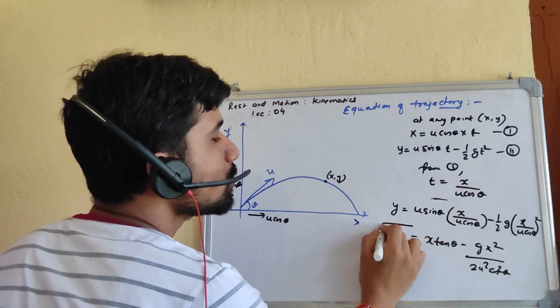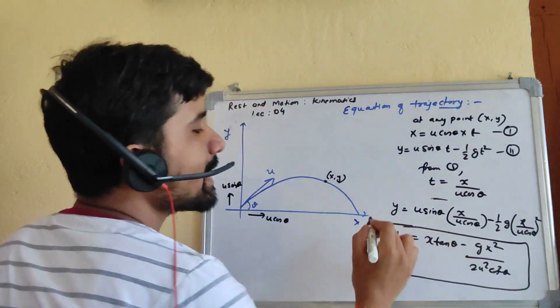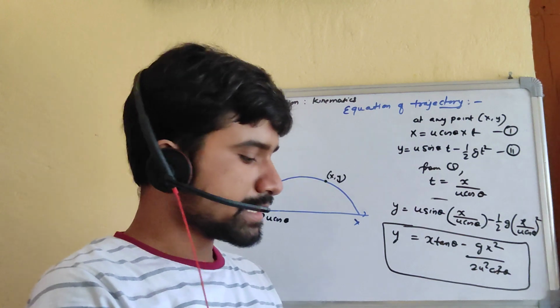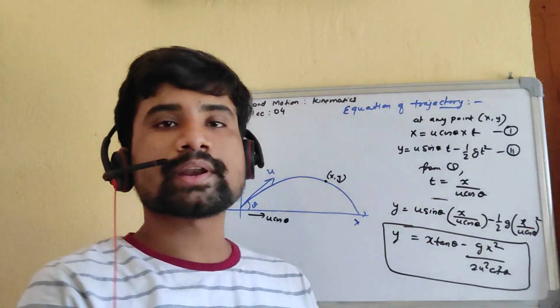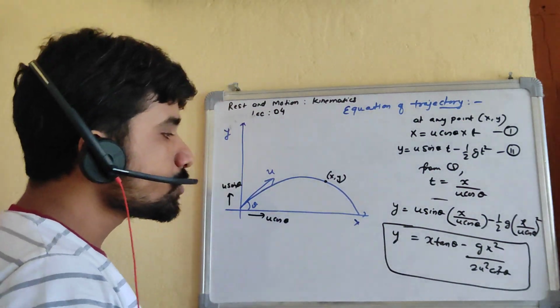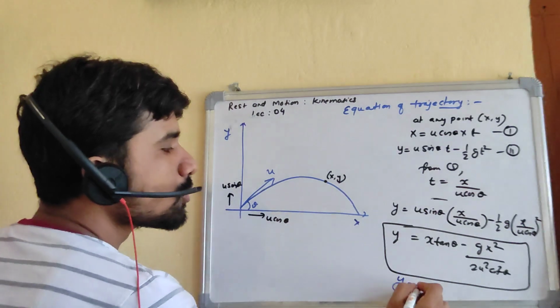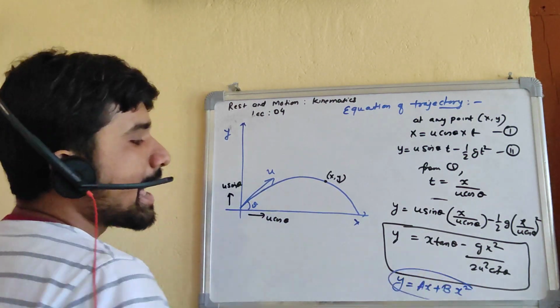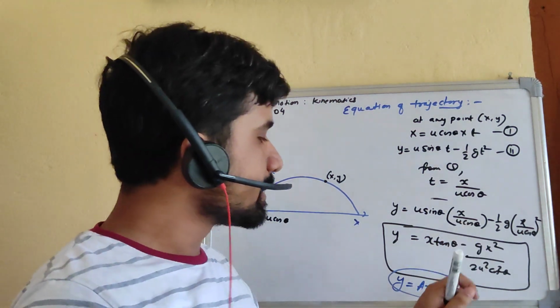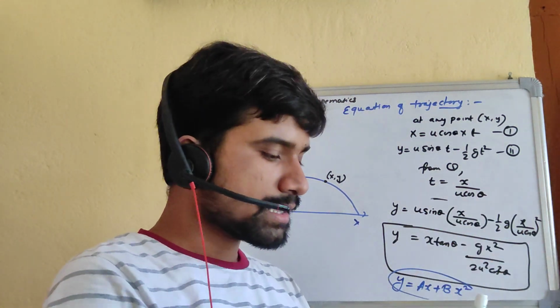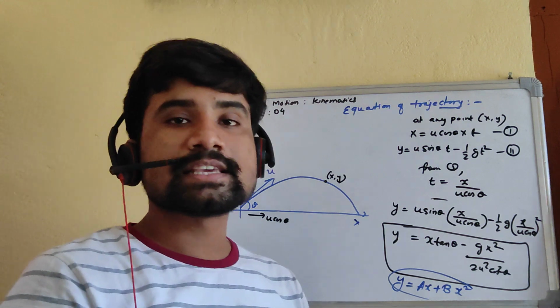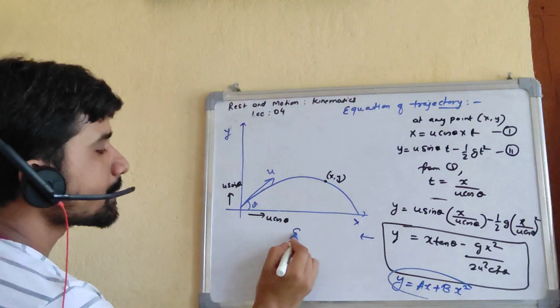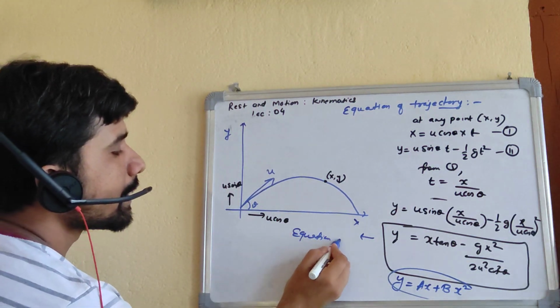So y equals x tan theta minus g x square by 2u square cos square theta. You see this is of the form y equals ax plus bx square, where a is tan theta and b is this constant. And this equation is called the equation of trajectory.